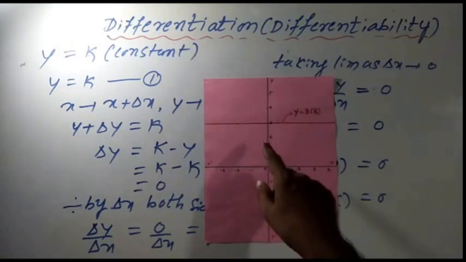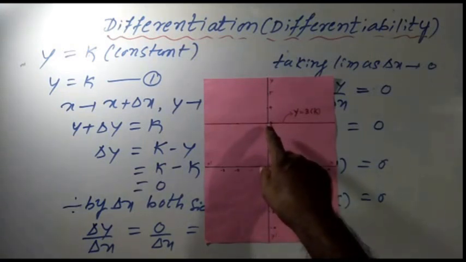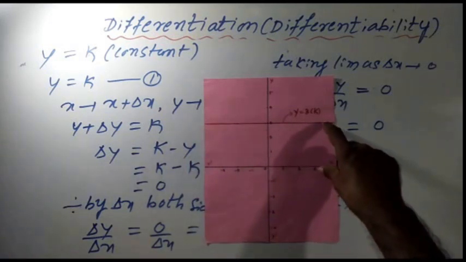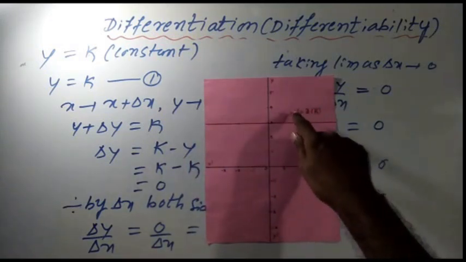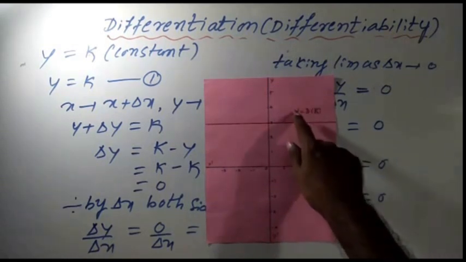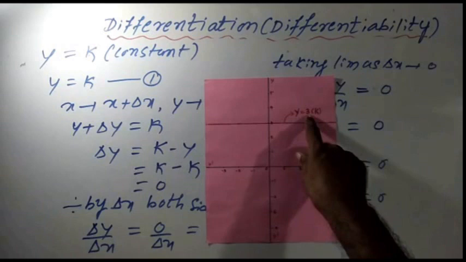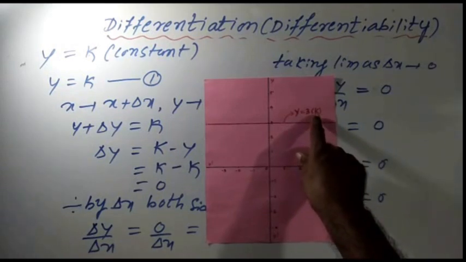We choose a point on the y-axis. Now we choose the point 3. Then the line passing through the point 3 and parallel to the x-axis, the equation of that line is y is equal to 3. 3 is a constant, therefore we denote that by k.